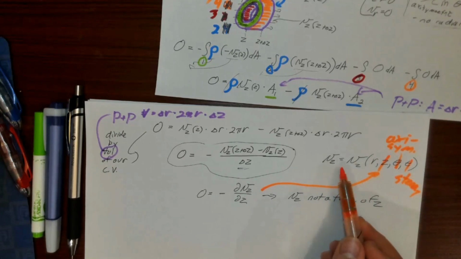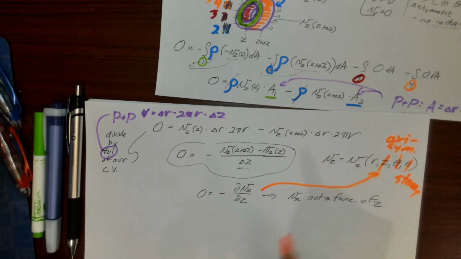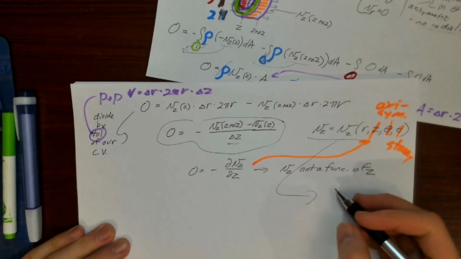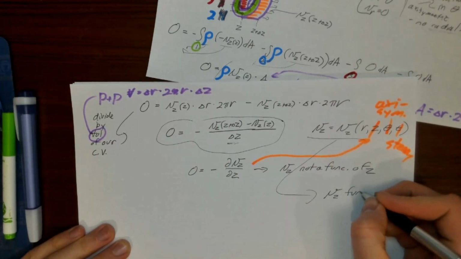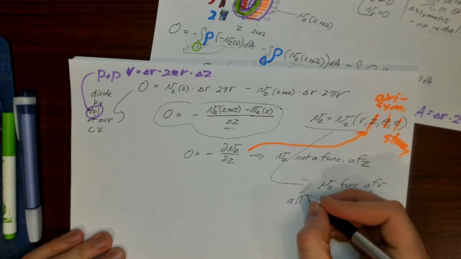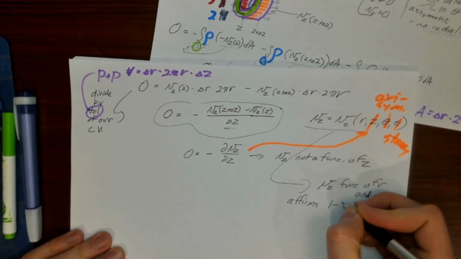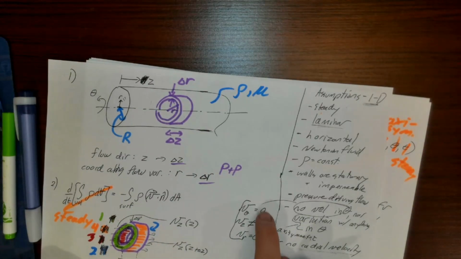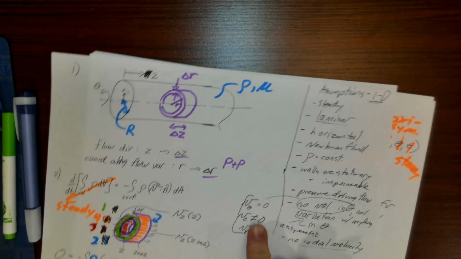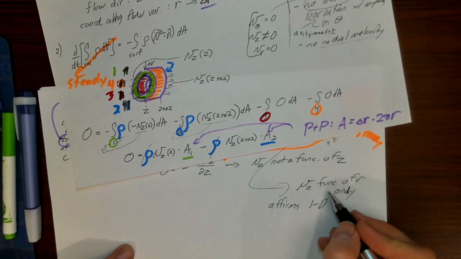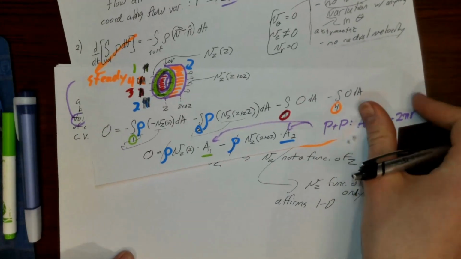So this allows us to conclude that Vz is a function of r only. And this affirms the 1D assumption that we were making here, right? The only velocity that's non-zero is our z velocity, and that z velocity varies only with r. So that's pretty sweet, right?